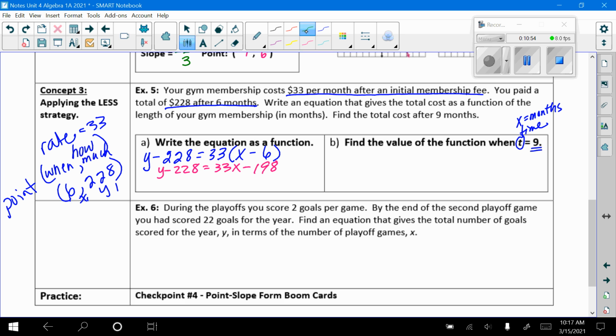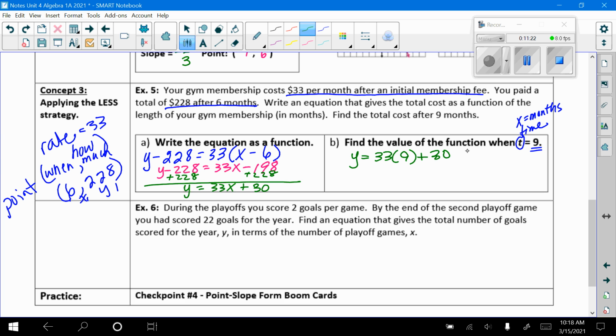And then I can move plus 228, plus 228. Y is equal to 33x plus, well, negative 198 plus 228 gives me 30. So now I can say y is equal to 33 times 9 months plus 30.